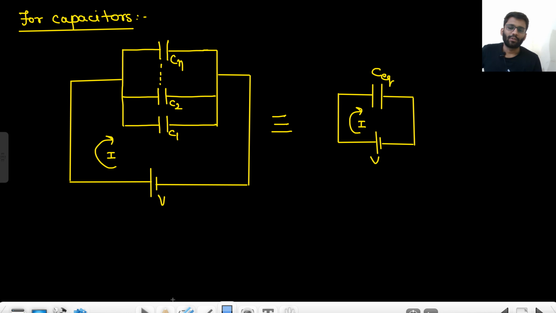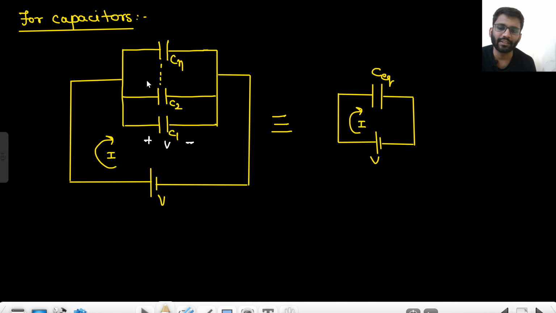So what do you think the C equivalent should be for a parallel combination of capacitors? What will be that value? C1 plus C2 plus C3 and so on till Cn. In parallel, it behaves like the series of resistance and inductor. We will derive it.